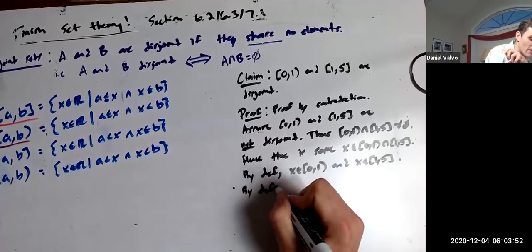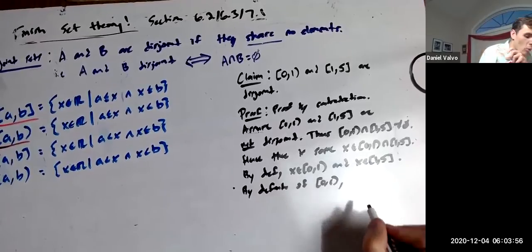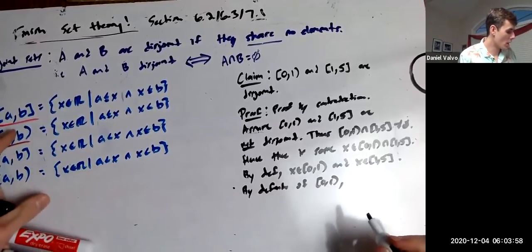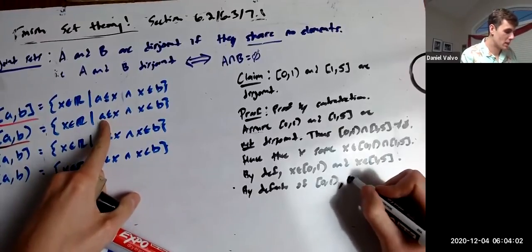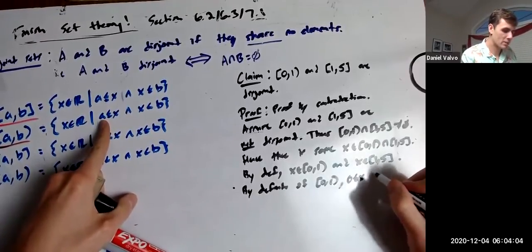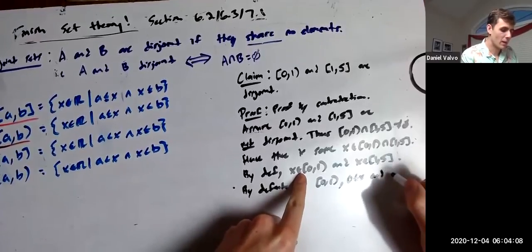But then again, by definition of [0, 1), if x is in [0, 1), that means that 0 is less than or equal to x, right? Because it goes up to 0 or down to 0. And x is less than 1.